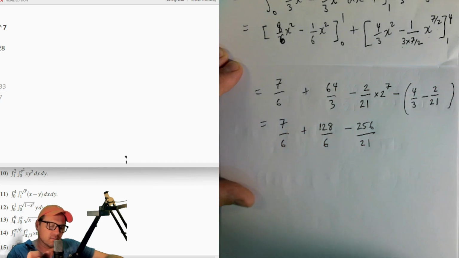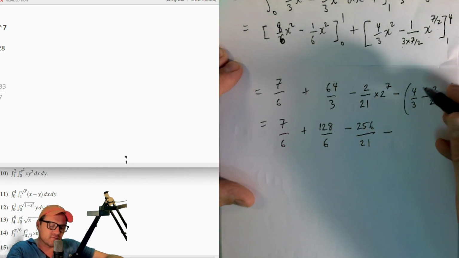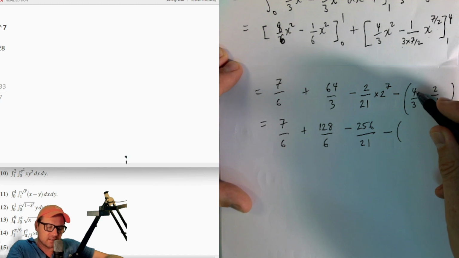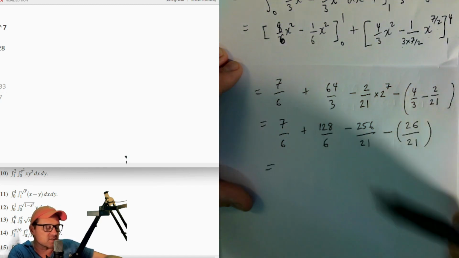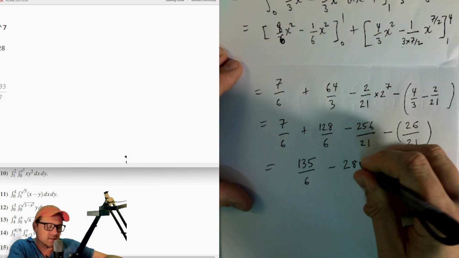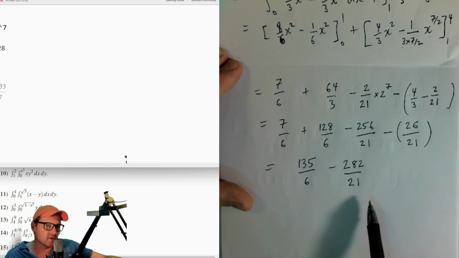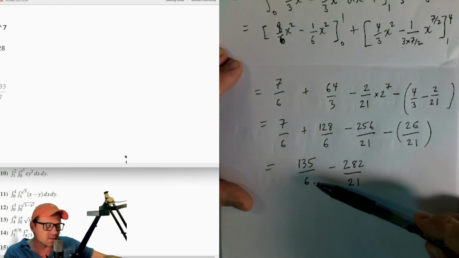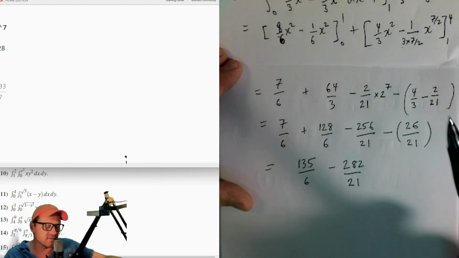Okay, over here, we're subtracting, let's make this over 21. So 7 times 4 is 28. 28 minus 2 is 26. Okay, 7 plus 128 is 135. And we have minus 282 over 21. So we need this to be over 42 because both of these divide into 42. So 6 times 7 is 42 and 2 times 21 is 42.